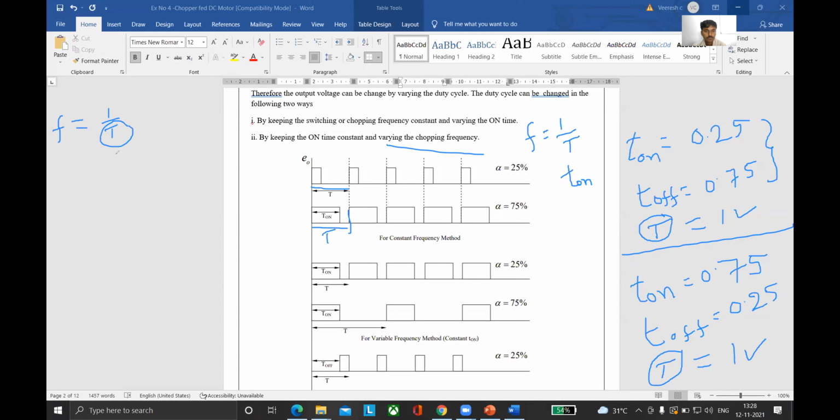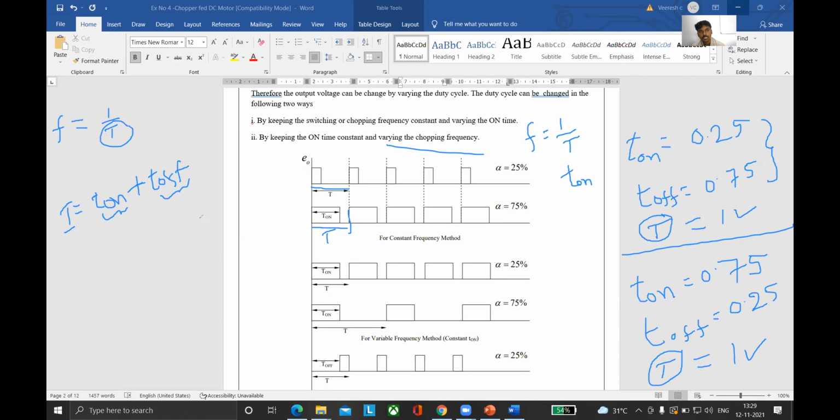Here, in two ways we can vary the total time period: T on plus T off. By keeping the off time constant and varying only the on time, we can change the total time period. Next case, by keeping the on time constant and only varying the off time, the total time also varies.